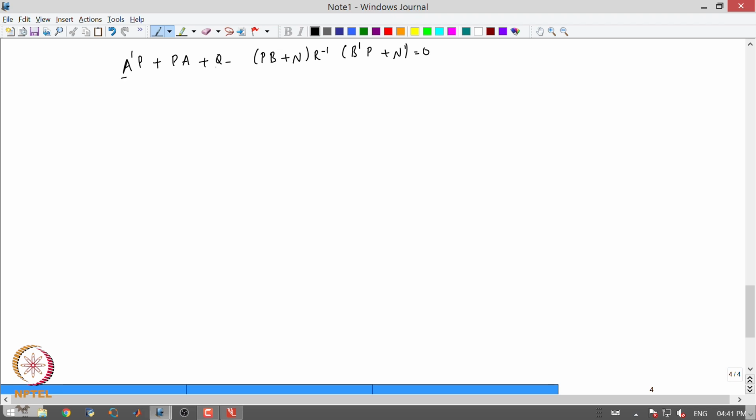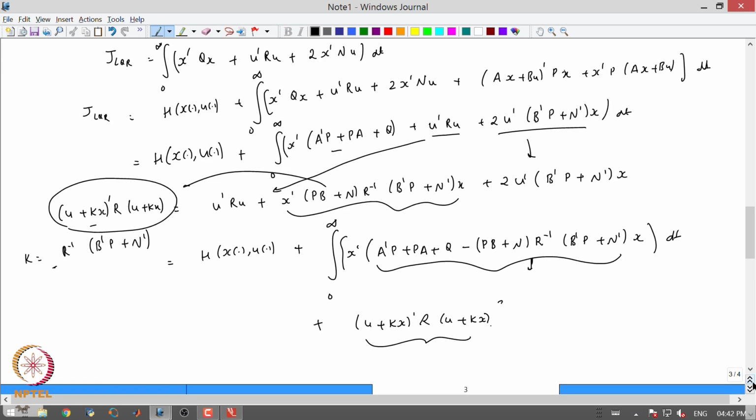Well, A is given to me, Q is given to me, B is given to me, R also, N, everything is given to me except P. So, if one can find a P which sets this term inside the bracket here to 0.